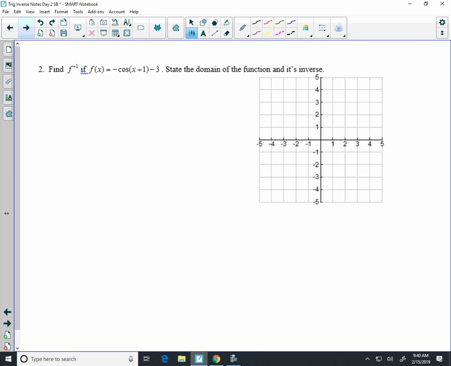Get ahead of me a couple steps on this one. Find the inverse. The range on this one is tricky.